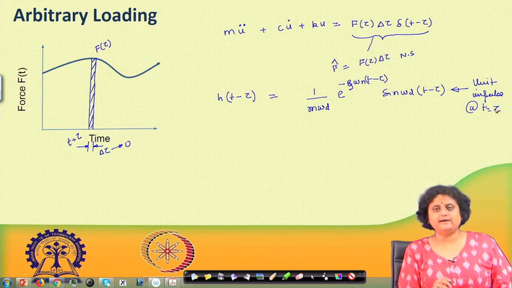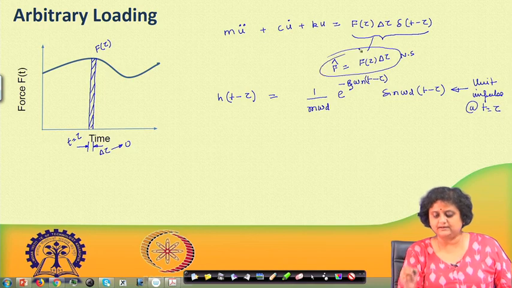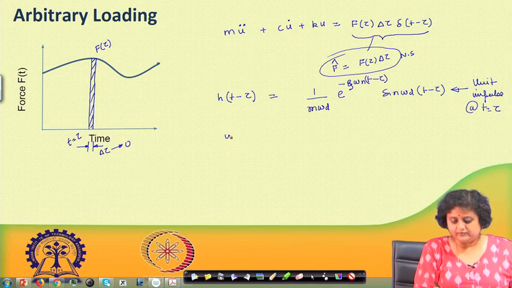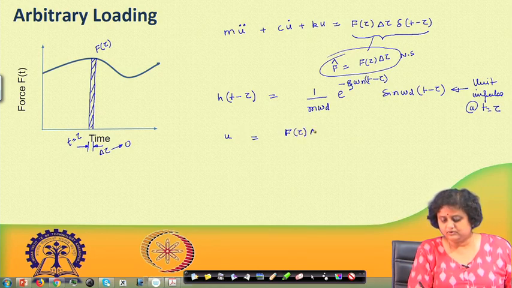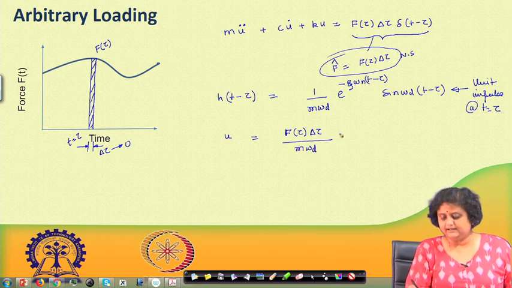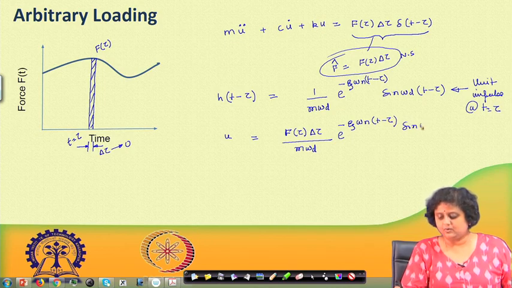Now, if I want to find out the response because of an impulse with this magnitude, then my response u is going to be f hat, that is f tau into del tau by m omega d into e to the power minus zeta omega n (t minus tau) into sine omega d (t minus tau).